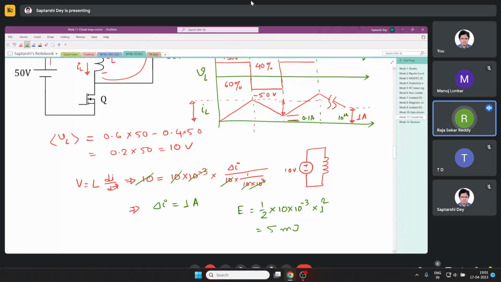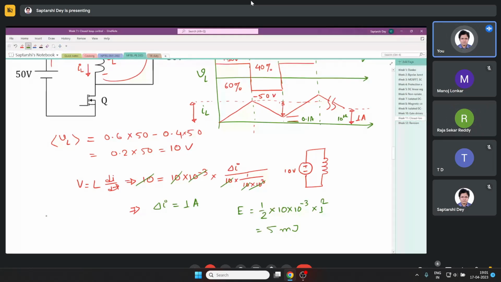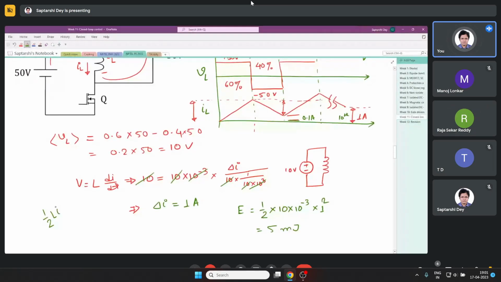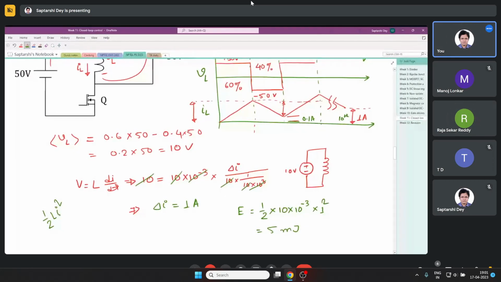So there is a chance that it might have got saturated. Yes, it will get saturated. Sir, if it gets saturated also, can we say the energy is stored? Yes, energy is not stored only in the linear region, because when it is saturated, your L value is small but I value is very large.